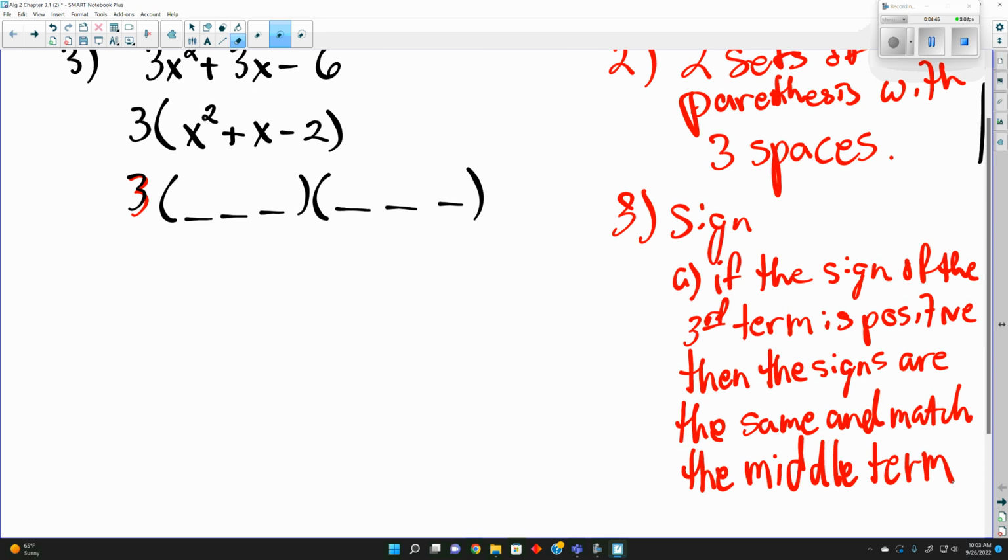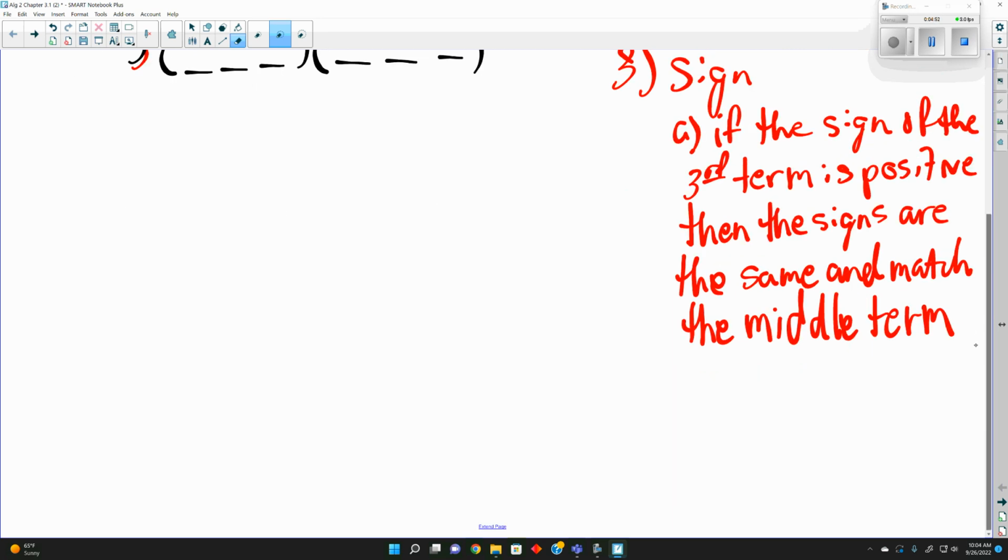Now, if the third term is negative, the signs are opposite.